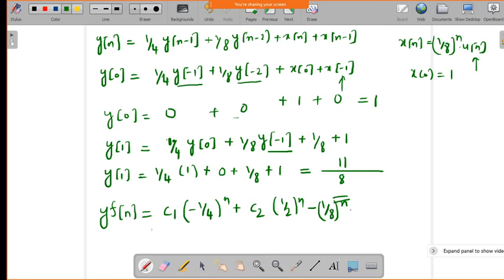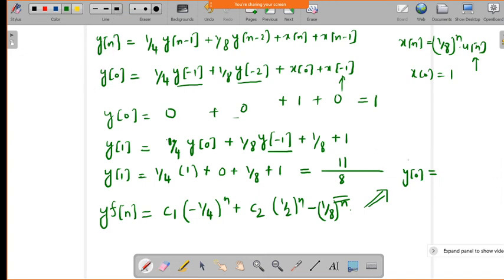So now you put the value of n equal to 0 and 1, and you will get the equations for C1 and C2. If you put y of 0, we know the value of y of 0 is equal to 1. So y of 0 is C1 plus C2 minus 1, since this is minus of 1 by 8 power n.